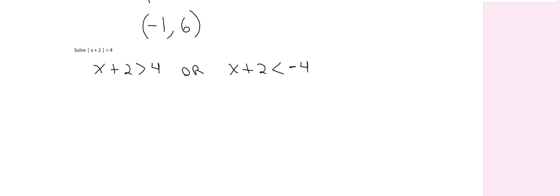So it's very important that we don't forget to reverse this sign and change the positive 4 to a negative 4.